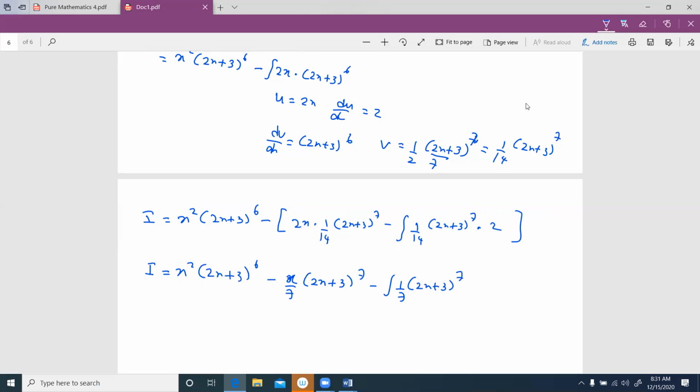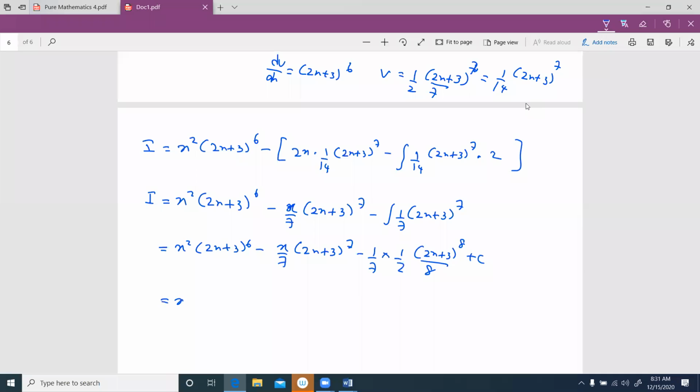Now you can do this integration easily. So this turns up to x squared, 2x plus 3 to the power 6 minus x over 7, 2x plus 3 to the power 7, minus 1 over 7 into 1 over 2, 2x plus 3 to the power 7 plus 1 is 8 over 8, plus c. 3 to the power 8 plus c is the answer for that.